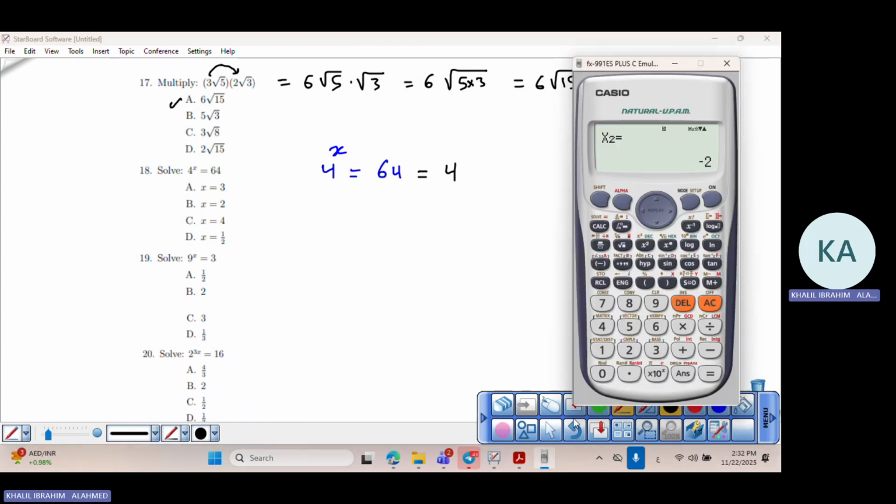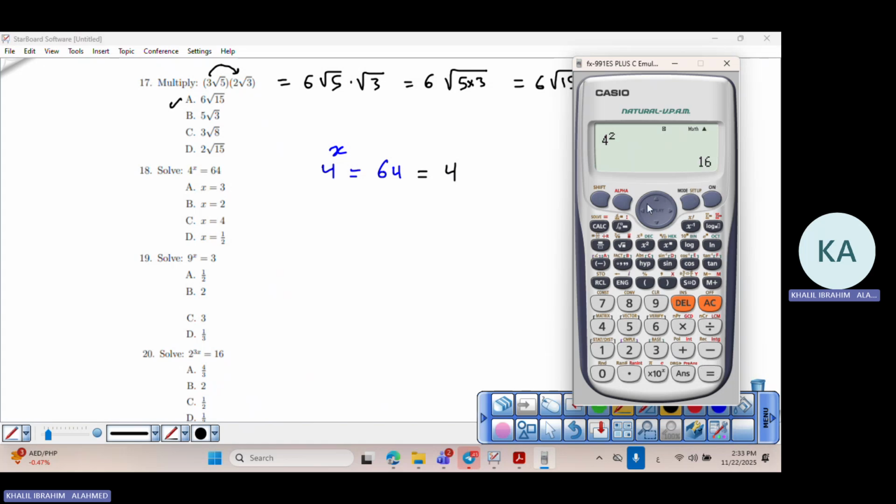You can use the calculator. Clear your calculator as you see here. 4 to power 1, 4. 4 to power 2, 16.